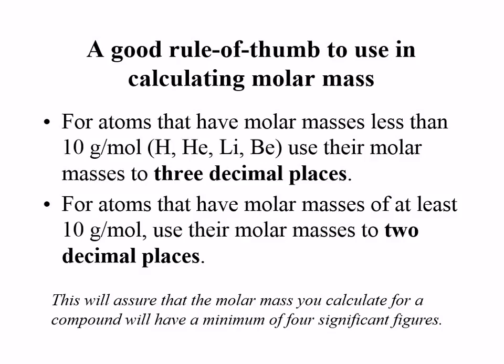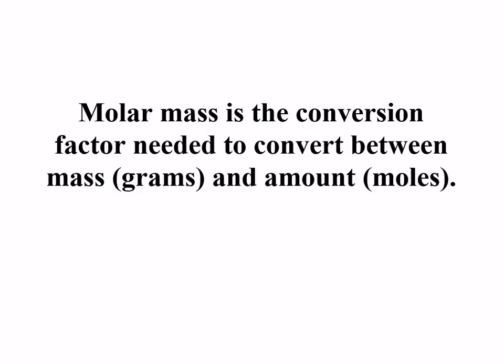For hydrogen, helium, lithium, beryllium, we go 3 decimals. And for boron or heavier, we go 2 decimals. All right.